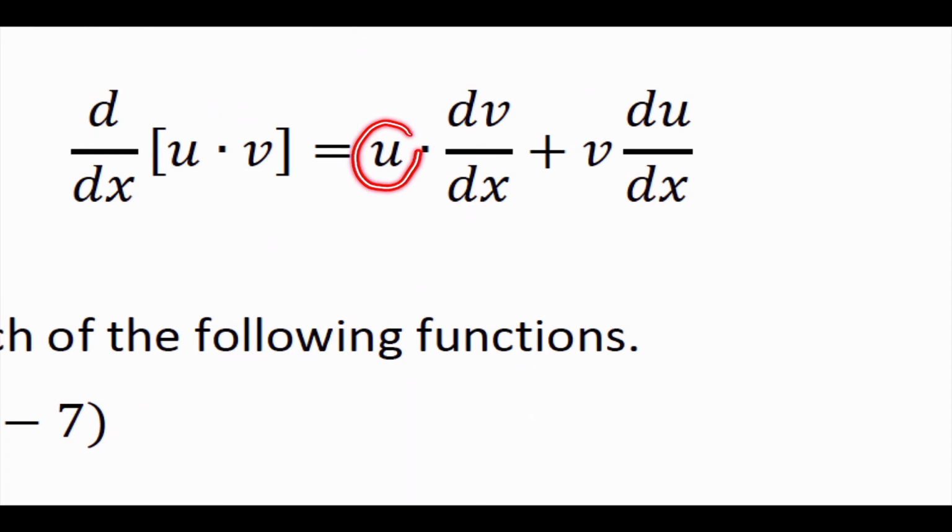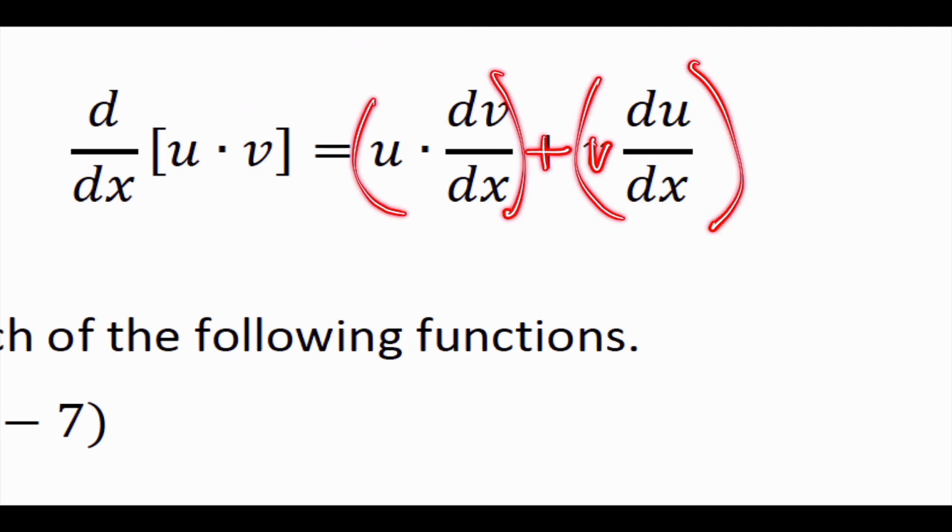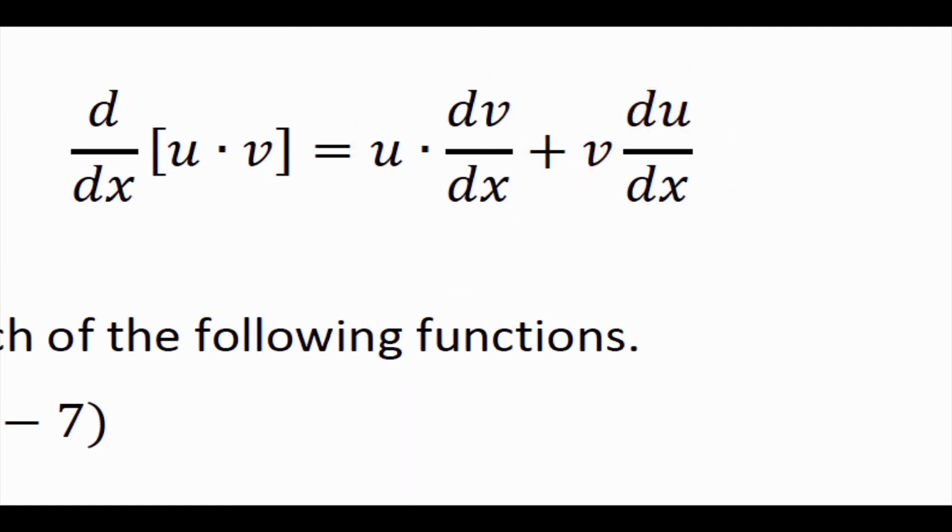Well, the first thing you do is rewrite u. Whatever u is, rewrite it. And then you're going to multiply that times the derivative of v. And then you're going to add this guy with this guy. You're going to rewrite v, find the derivative of u, and you're done. Okay? So it's the first times the derivative of the second plus the second times the derivative of the first. That's the product rule. Okay?